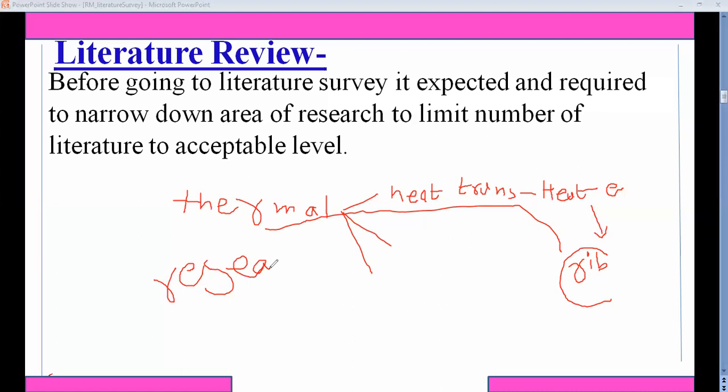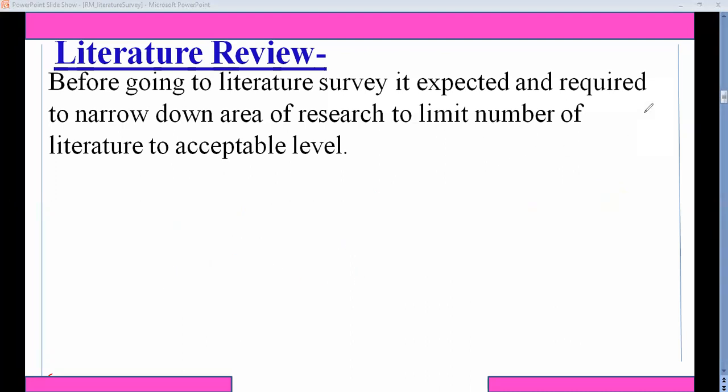In a paper, the author may omit a few things which are important for us, but not for the general public. That you can see in the thesis. So before literature review, you have to narrow down your area. If you don't narrow down, the literature will be so huge that handling it will be very, very difficult.